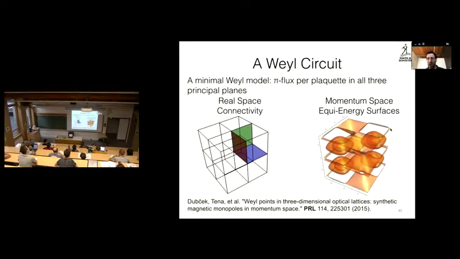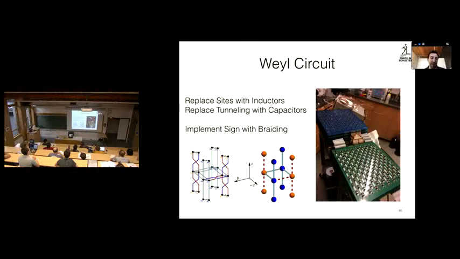And so literally all you have to do is engineer a circuit such that when you hop around a plaquette in any of the 3 dimensions, you get pi flux, okay? So how did you do that? It's actually quite straightforward.